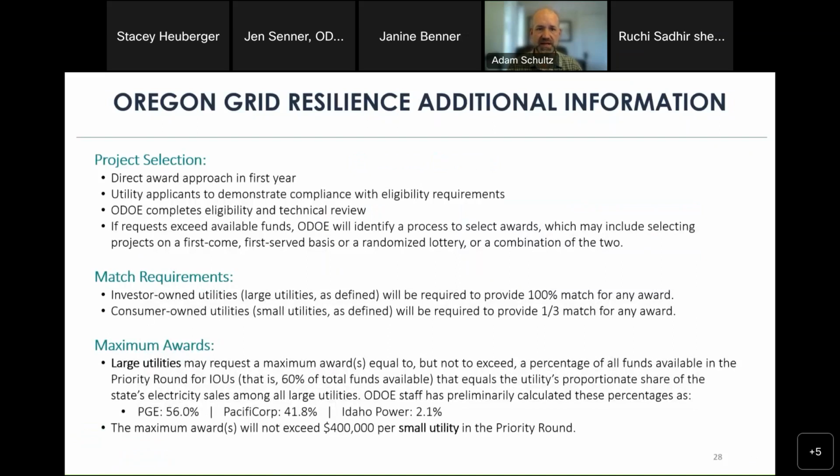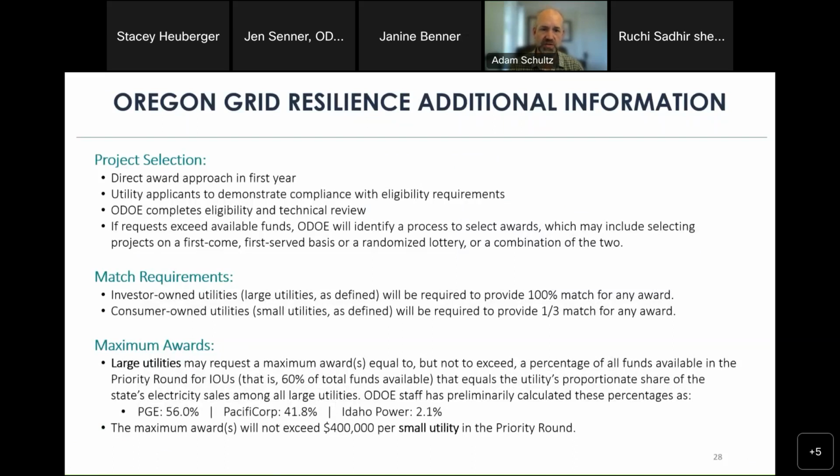And so here's the last slide for me on the specifics of our proposed provisional approach for year one. As I think I've already made clear, but I'm not sure if I said explicitly, we're proposing to make direct awards for year one. The funding leaves significant discretion to the states in this regard, either to do direct awards, have competitive solicitations, green banks, et cetera. But we're proposing a direct award approach.